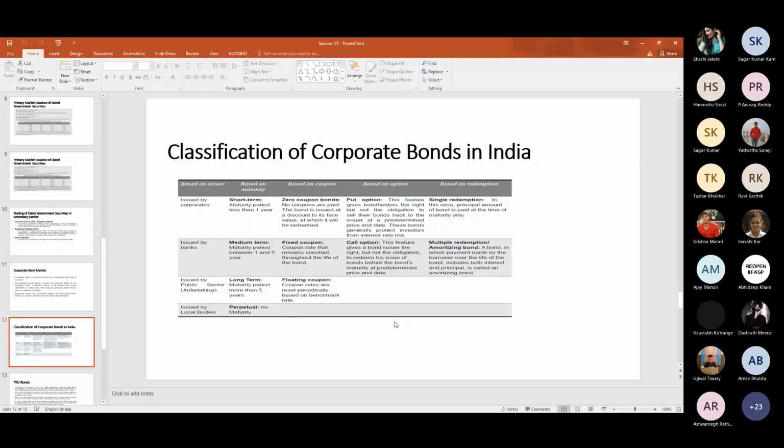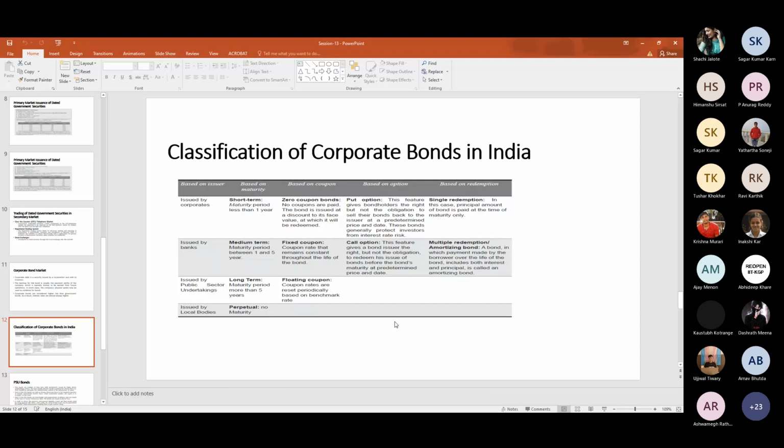It can be issued by corporates, by banks, by public sector undertakings, or by local bodies like municipal bonds and other types of bonds. Based on maturity, it can be a short-term bond, where the maturity period is less than 1 year; a medium-term bond, with maturity between 1 to 5 years; or a long-term bond, where the maturity period is more than 5 years.